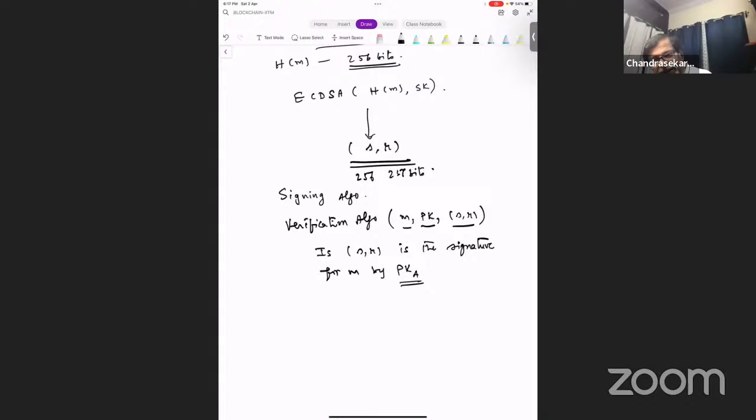There is somebody who has this public key. Has he generated it? Because there is a corresponding secret key that has generated it.